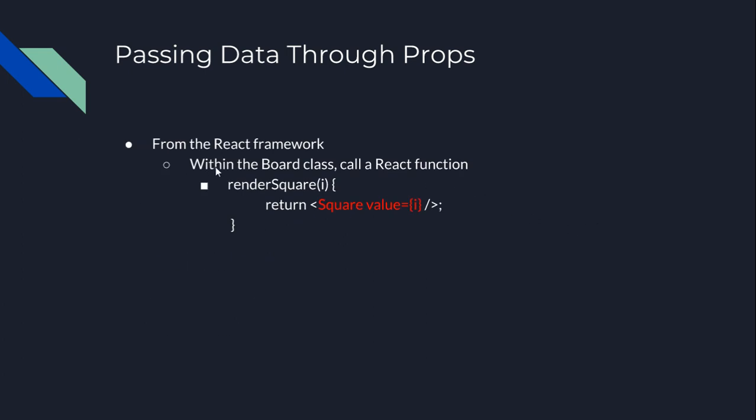So through the React framework, within our board component, we call the React function renderSquare with the integer i. And so we know that within the board component and the square component, each square should return an increasing i value, or whatever i value we entered.